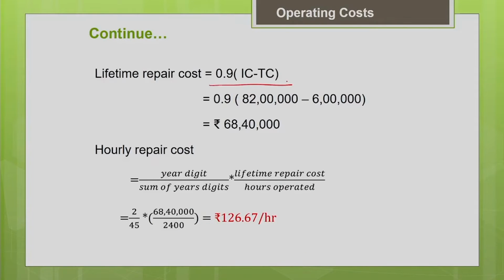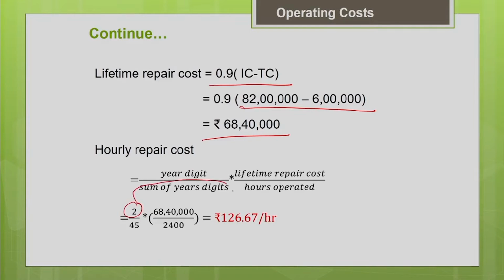0.9 into initial cost minus tire cost: 0.9 into 82 lakh minus 6 lakh. It comes to around 68 lakh 40,000. That is your lifetime repair cost. Now, I can calculate the hourly repair cost. They have asked you to find it for the second year of the equipment operation. So, the year digit, the numerator, you have to put as 2.